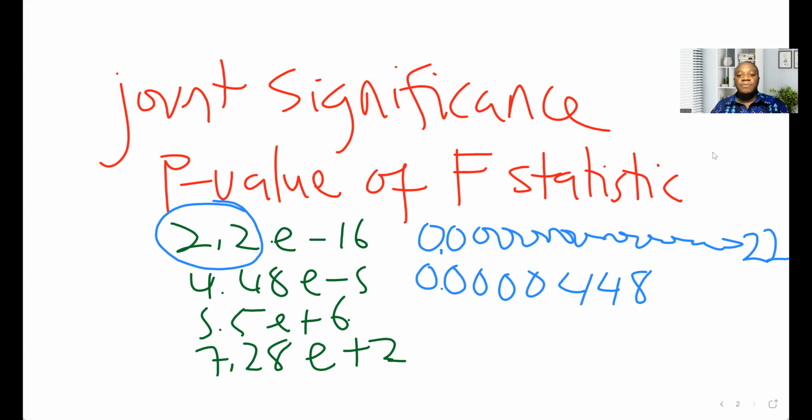All right, so when you have something like 5.5 E plus 6, did I write plus 6? Okay, did I write plus 6? Yes, plus 6. Okay, good. So 5.5 E plus 6.